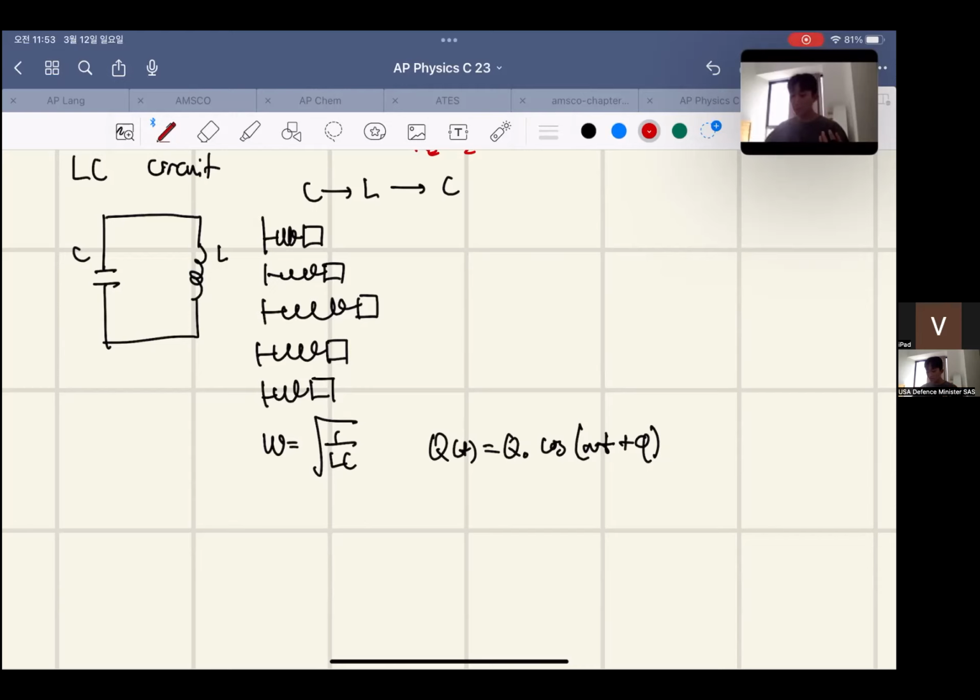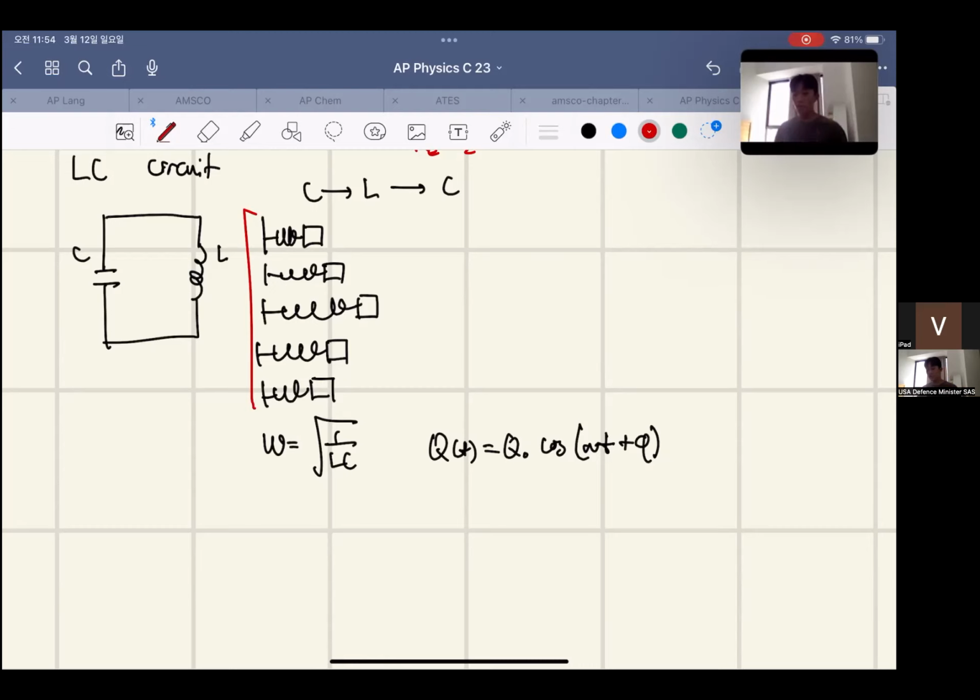For example, if you look at this image, the two sources would be the energy stored in the spring, and the energy of the object in the form of kinetic energy. So you have two sources of energy. If one increases, then the other decreases, and if the other increases, then the first one would decrease.